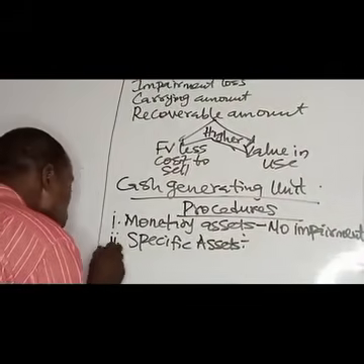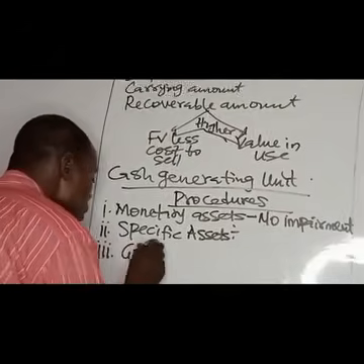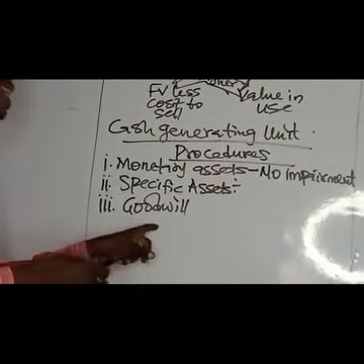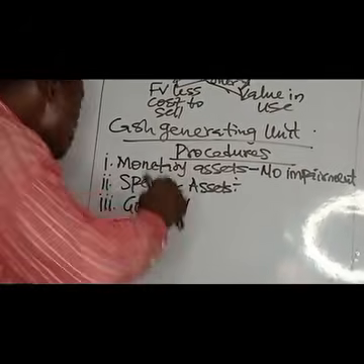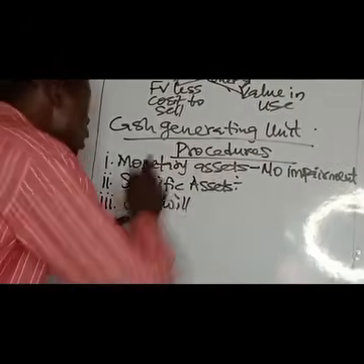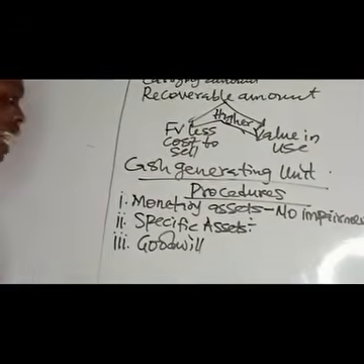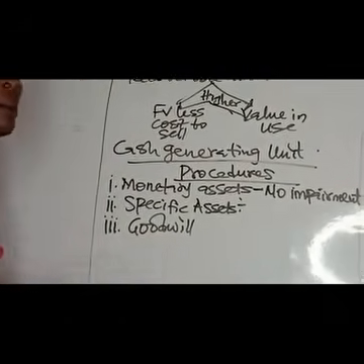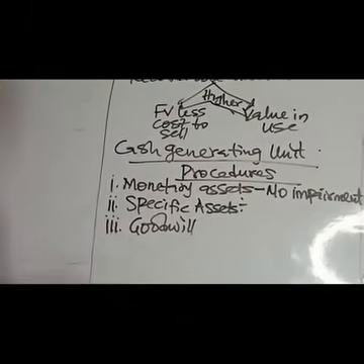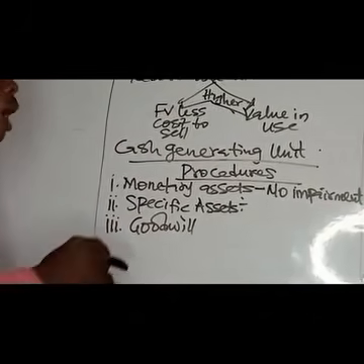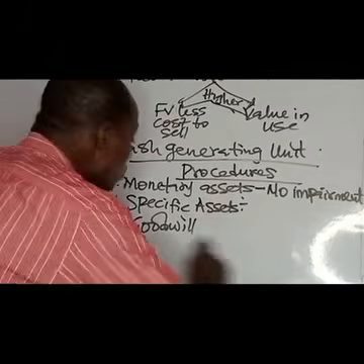Step 3 is goodwill. As much as goodwill can absorb, you should allocate the maximum impairment loss to goodwill. Let us assume the total impairment loss is 200 and goodwill alone is 120. That means the whole amount of goodwill will be impaired.